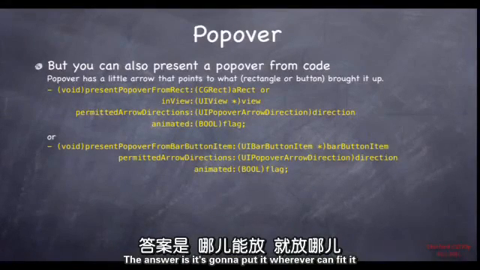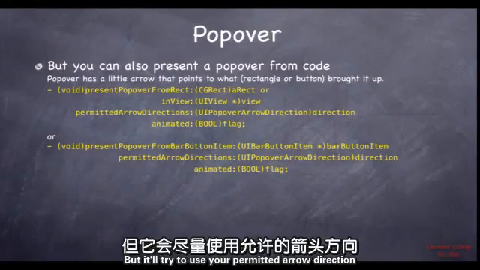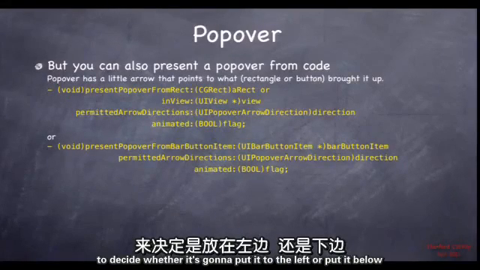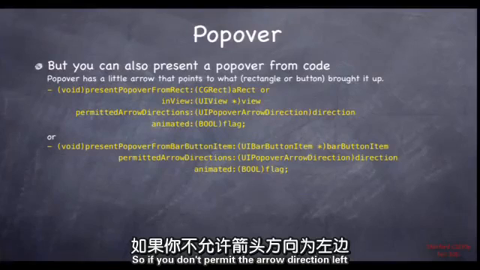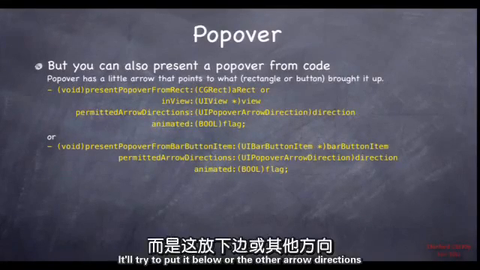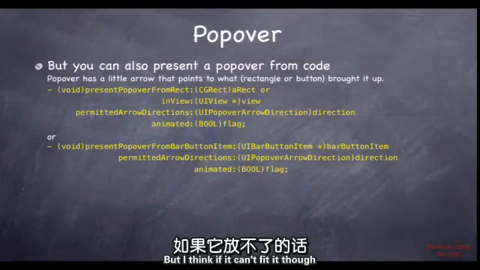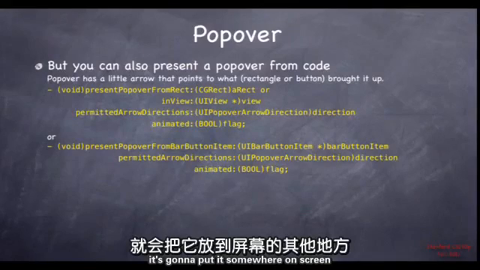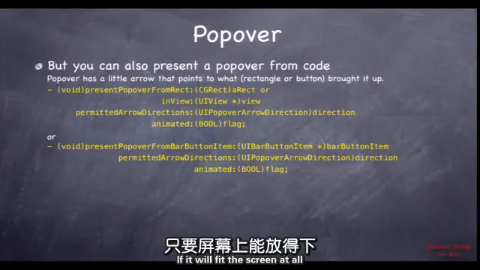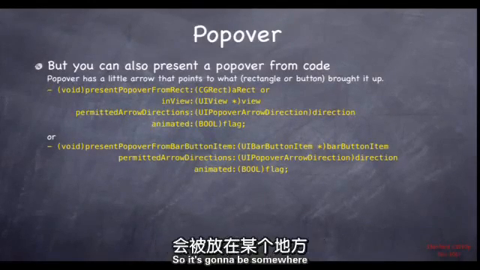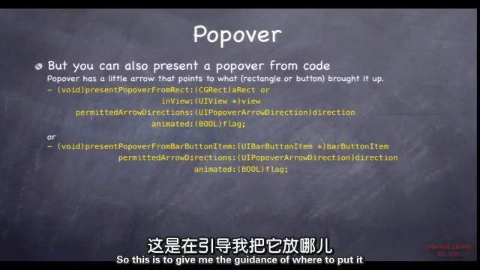The answer is it's going to put it wherever it can fit it, but it will try to use your permitted arrow directions to decide whether to put it to the left or below. So if you don't permit the arrow direction left, then it won't try to put it left. It'll try to put it below or one of the other arrow directions. If it can't fit it, though, it's going to put it somewhere on screen. If it'll fit on screen at all, it'll fit it there somewhere. So this is giving guidance of where to put it.